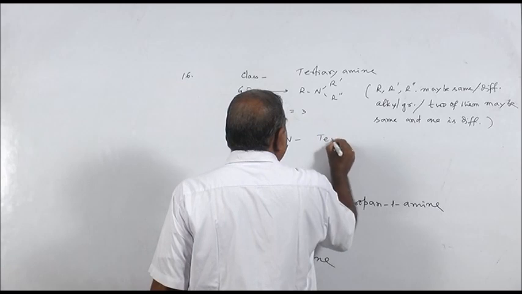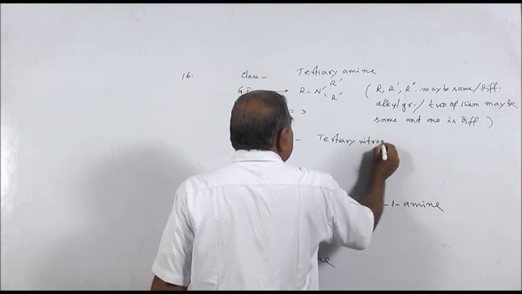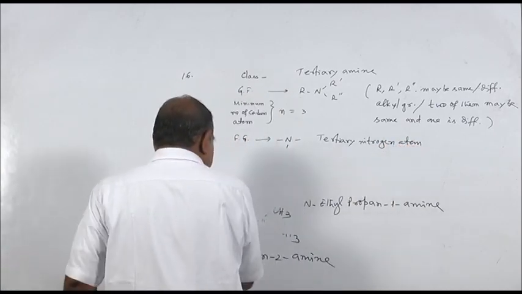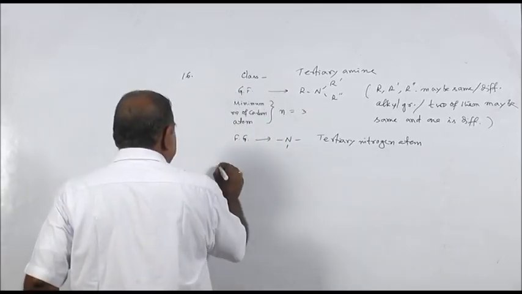The functional group is called tertiary nitrogen atom. Here there will be 2 types of names where the prefix is different.